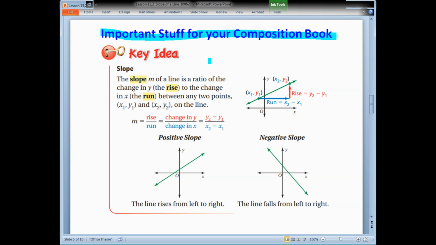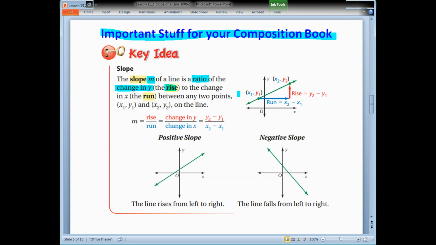This is a very important topic, slope, which we use little m to represent slope of a line. It is a ratio. Remember, a ratio is a comparison of two quantities using division of the change in y. And we call the change in y the rise. And so the rise is the numerator.